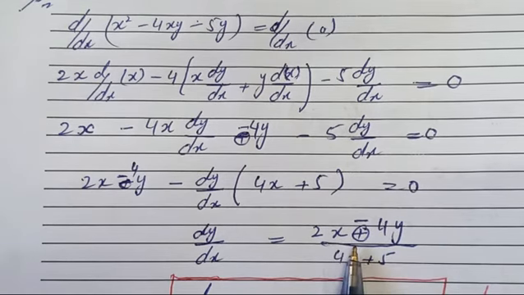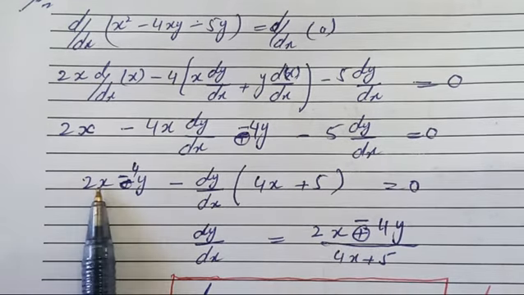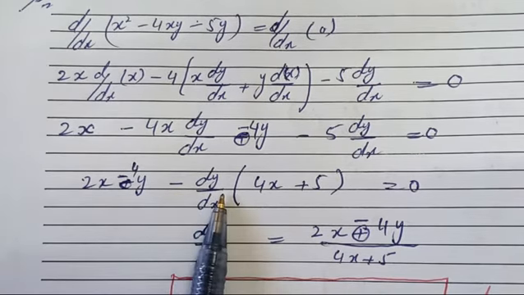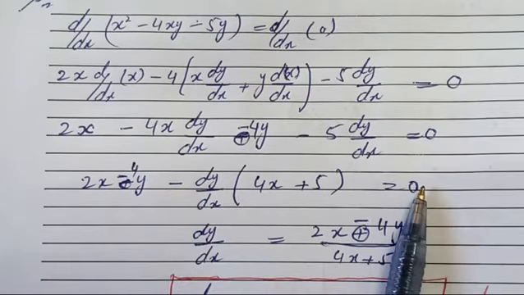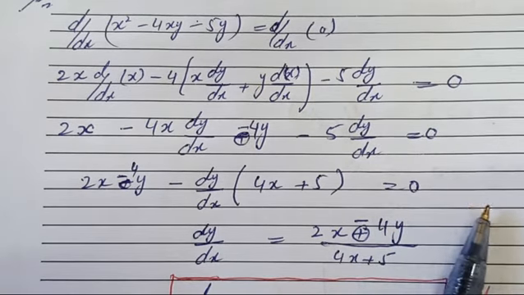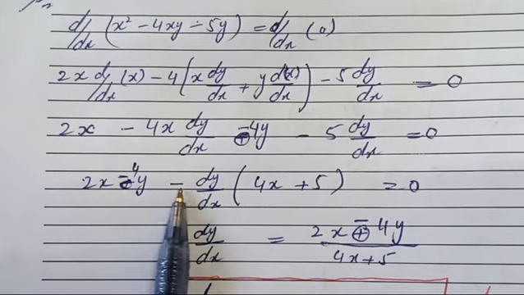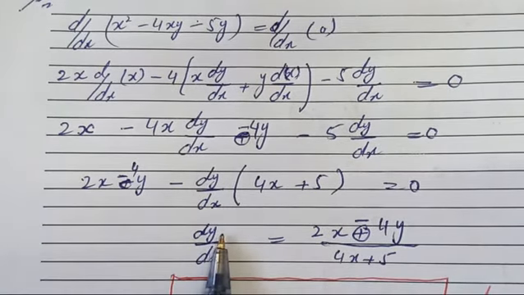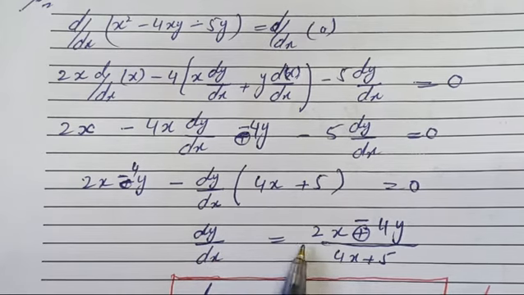So 2x minus 4y remains on left hand side. Now shift second term, when it goes from other side of equality, it becomes dy over dx times 4x plus 5, its minus sign becomes plus sign. Okay, so our calculated value dy over dx is equal to 2x minus 4y over 4x plus 5.